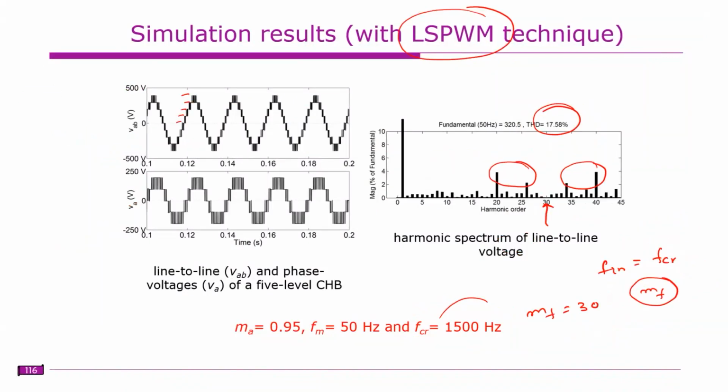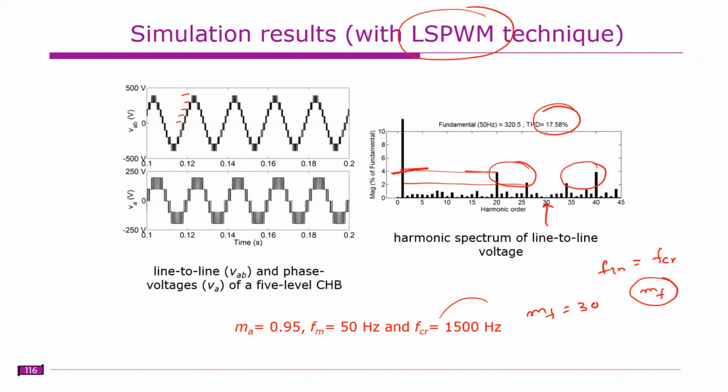Whereas in level shifted, the magnitudes are on the lower side. The highest one is roughly 4%, and this one is roughly around 2%. So in level shifted PWM, the harmonics are on the lower side and their magnitude is small, whereas in phase shifted PWM, the harmonics are on the higher side but their magnitudes are high.